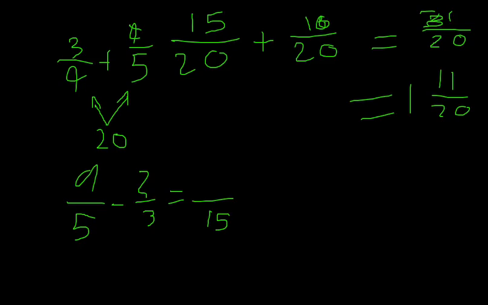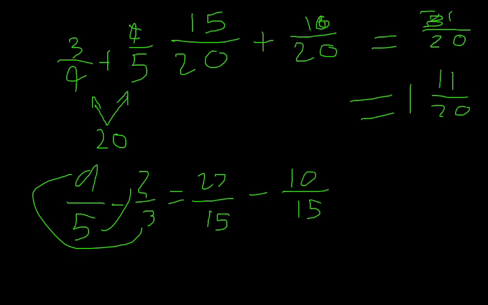We need to multiply this one by 3 to get 27, minus this one times that one to make it 15, 2 times 5 is 10. Now I can subtract, so we end up with 17 over 15, which is equal to 1 and 2 over 5.